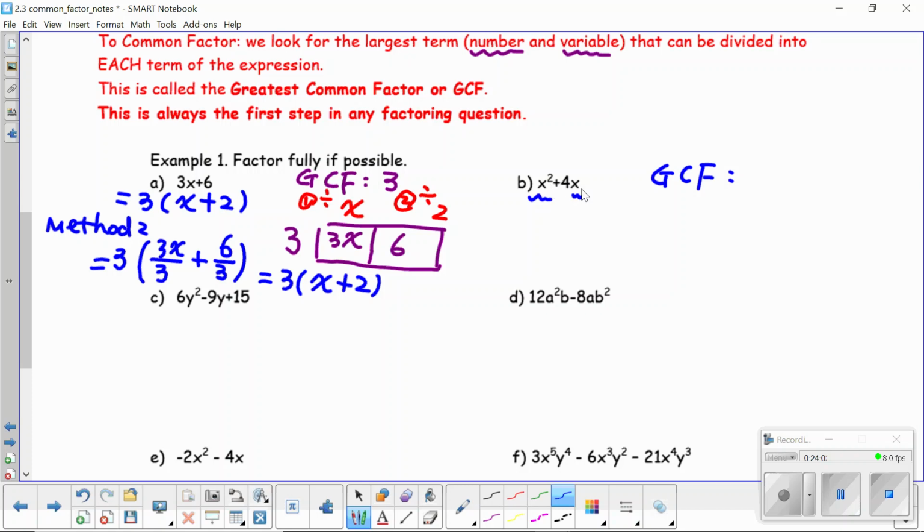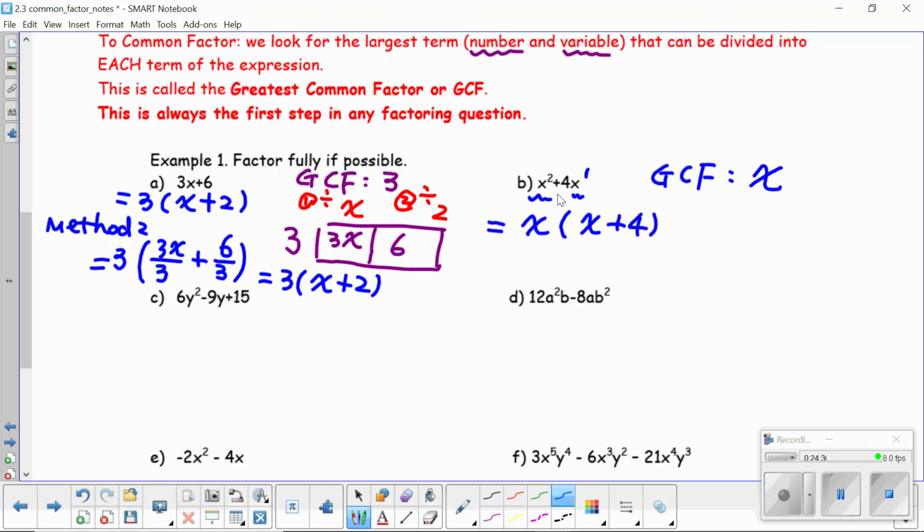So x squared, x, lowest degree: by default no number means 1, so the lowest degree is 1. So the greatest common factor is x. Then we put x times each term divided by x. You will have x squared divided by x is x. 4x divided by x is 4.